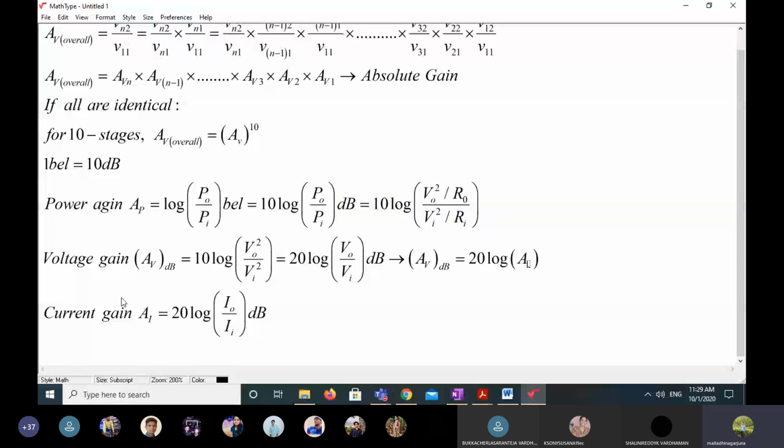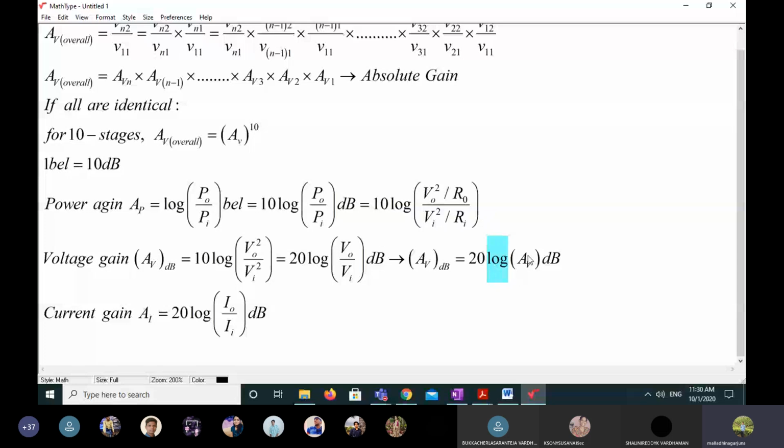If you want to convert that absolute gain into decibel gain, you have to take 20 log of absolute gain. The logarithm here is base 10, so 20 log of absolute gain, base 10, is nothing but your gain in decibel.